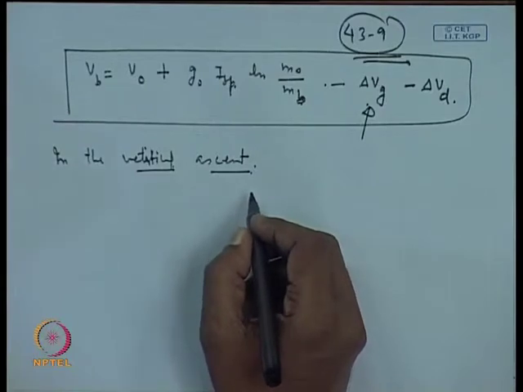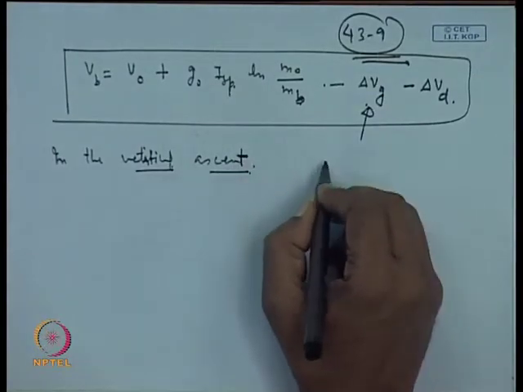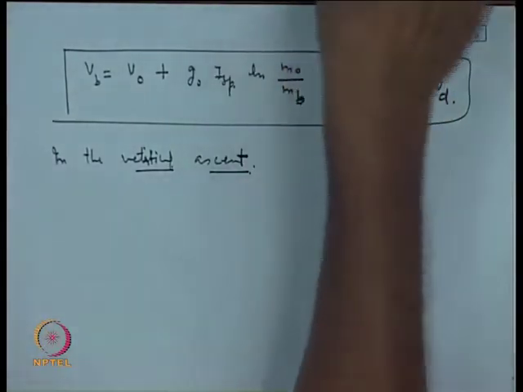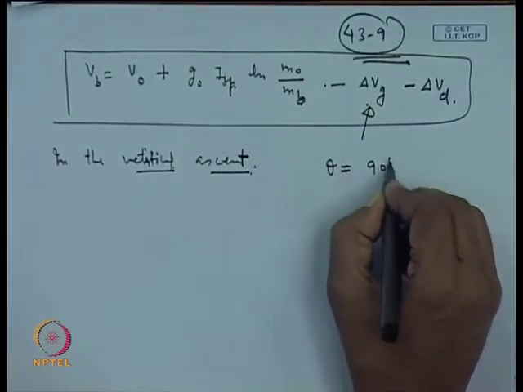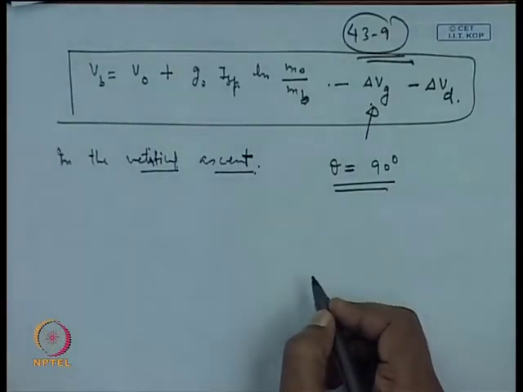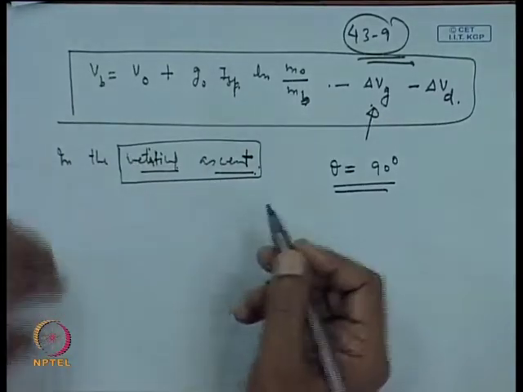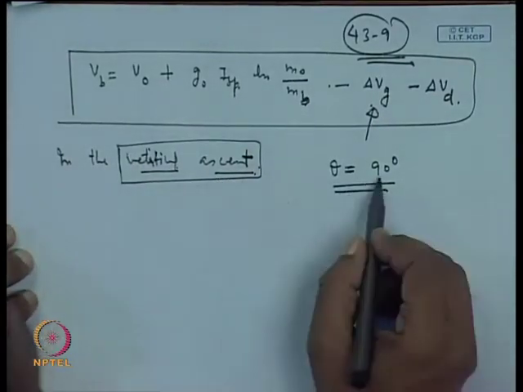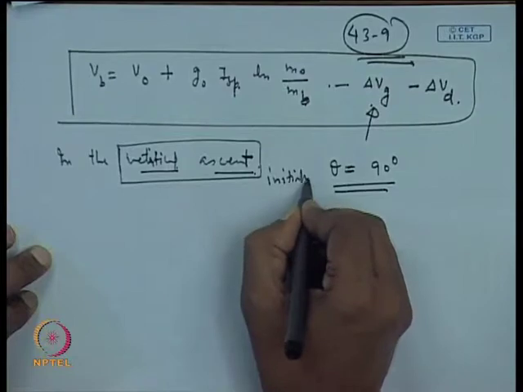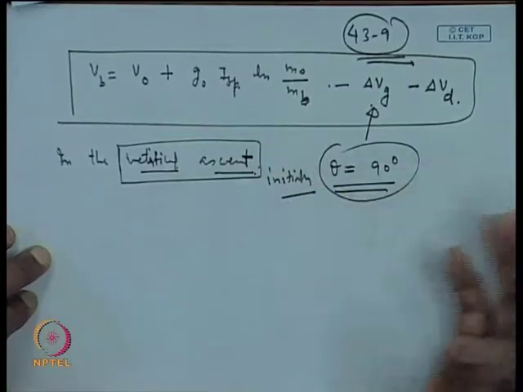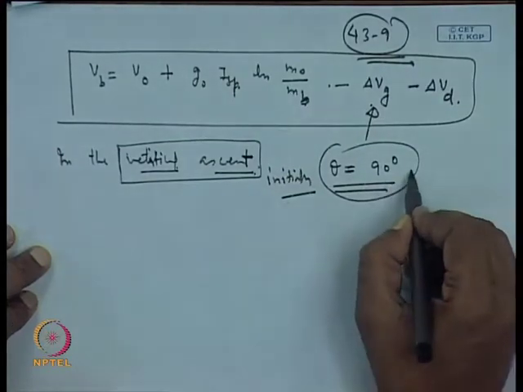So, once we go for the vertical ascent, in the vertical ascent we have theta equal to 90 degree, while in oblique ascent this is not equal to 90 degree initially. In the vertical ascent, if we assume that the rocket is just vertically ascending throughout, we can assume this quantity to be 90 degree throughout.